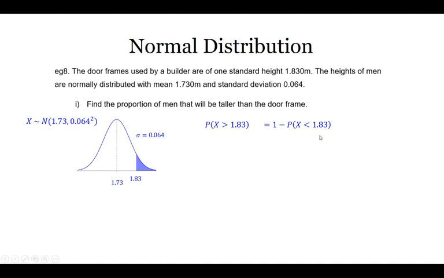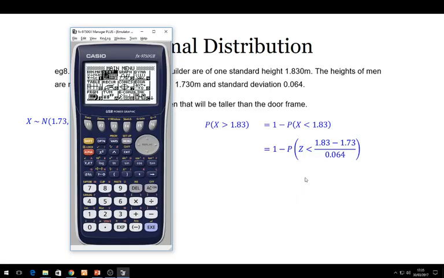I then need to convert to standard normal. So my z value is my 1.83, take away the mean of 1.73 and divided by 0.064, the standard deviation. Graphical calculator, we are working out a normal probability, so that's NCD. Only change the upper value, which is 1.83 minus 1.73, close the brackets, divided by 0.064.